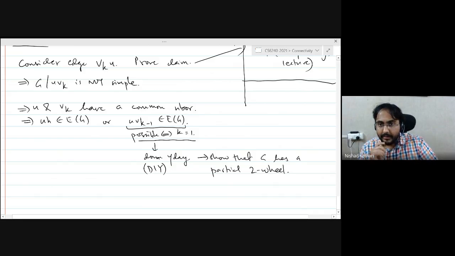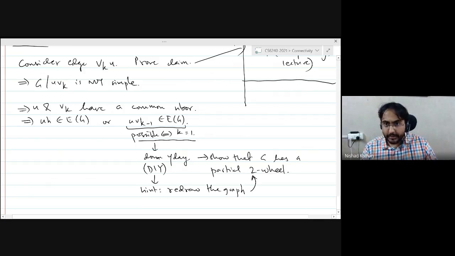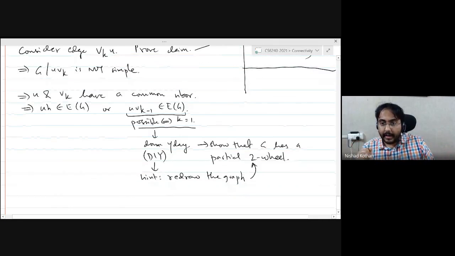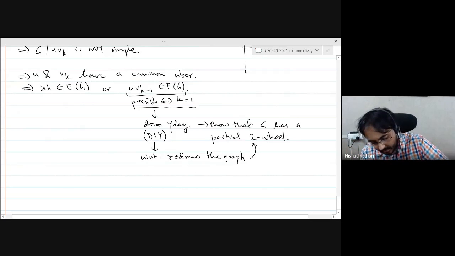You basically need to redraw the graph and try to get a bigger partial wheel than the one you have. So you want to get a partial 2 wheel instead of the partial 1 wheel. Okay, and that will be a contradiction because we took the biggest partial k wheel. So if your k is equal to 1, so you had a partial 1 wheel, then finding a partial 2 wheel is a contradiction. Okay, so this gives you a contradiction.